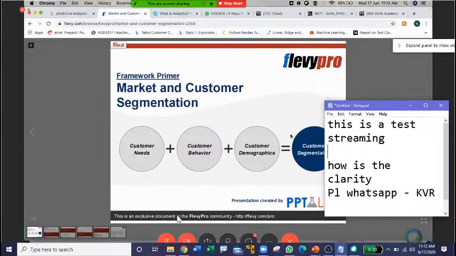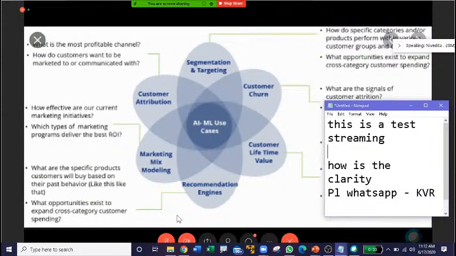So let's see this marketing campaign. What kind of analysis can we do out of this marketing campaign? What is the most profitable channel? If we are advertising through multiple channels like print media, social media, and TVs, which is the most profitable channel?